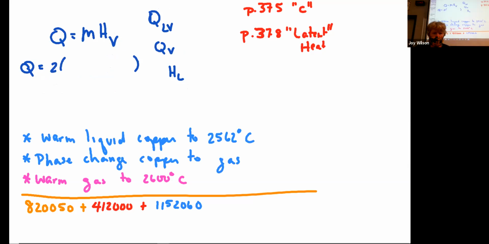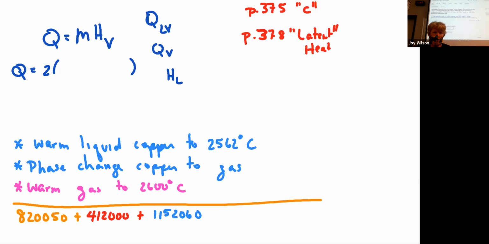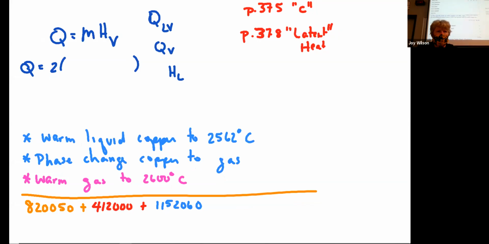Latent heat of vaporization for copper, joules per kilogram: 4,730,000.